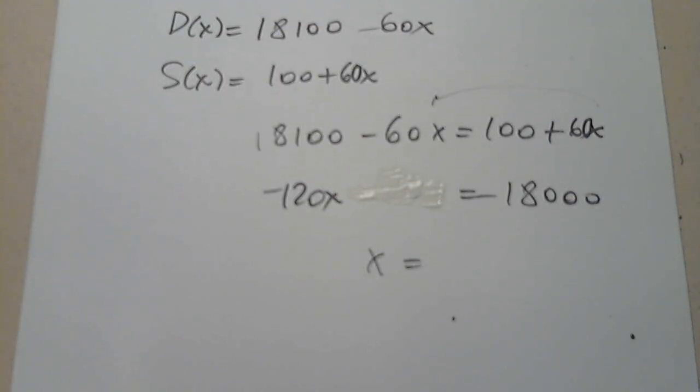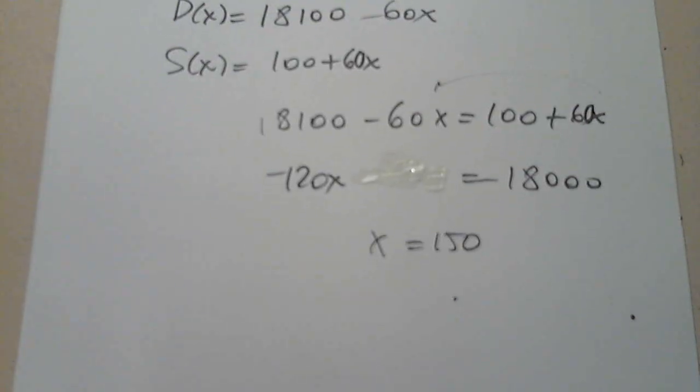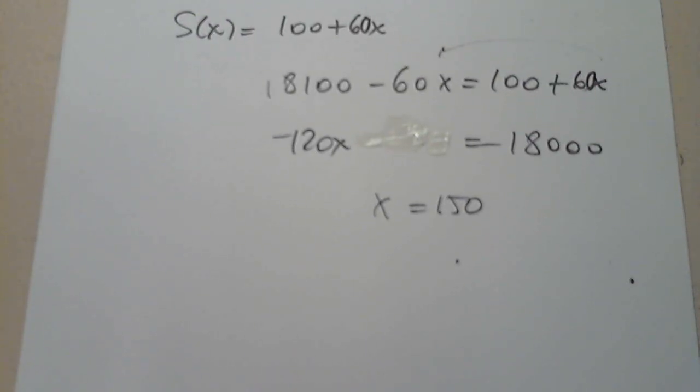18,000 divided by 120. Good, 150. And then I want to put in 100 plus 60x, and I plug in 150.